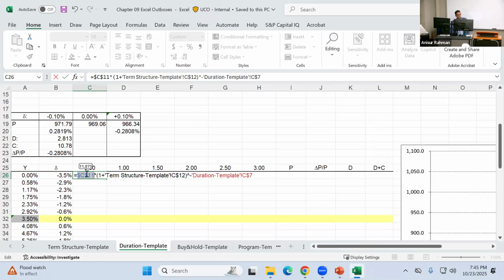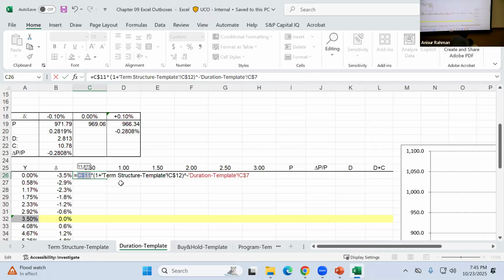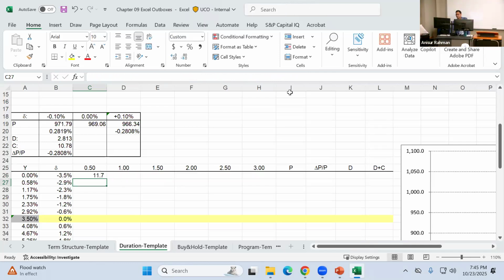So it should be locked only the row. We still want to move to the right. What's the problem? I just lock everything. Oh, I see, yeah. Okay.